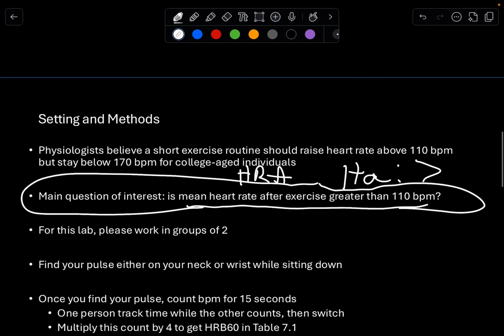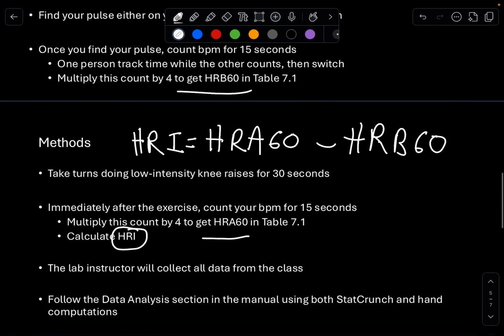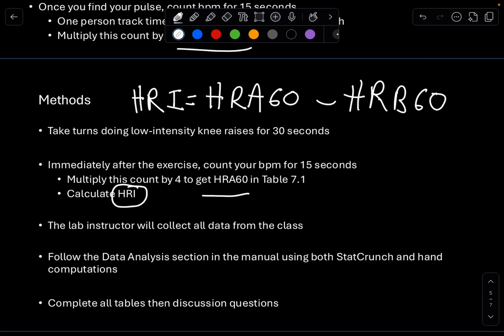For 7.4, the confidence interval, you do need to practice doing that by hand because you have to use the t-table to get the critical value. So the critical value, you must use the t-table. 7.5, you can put that. For the p-value, you can use StatCrunch. Okay.